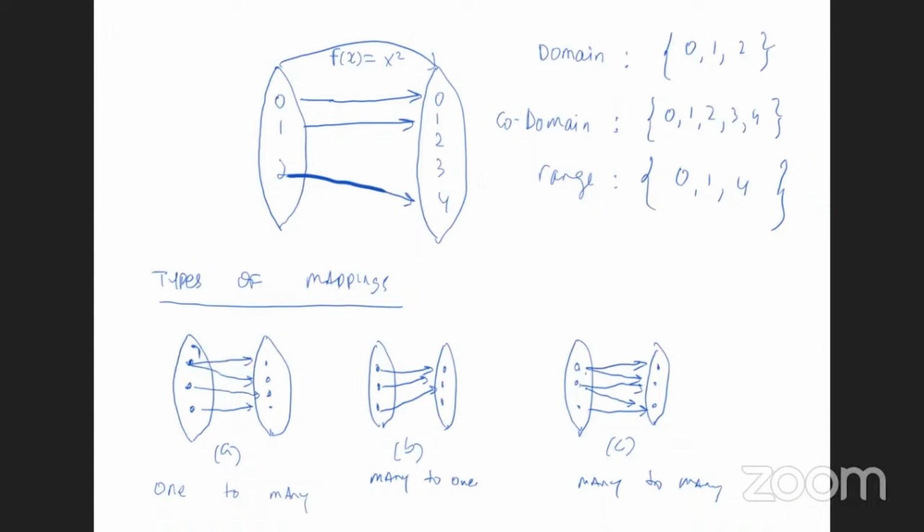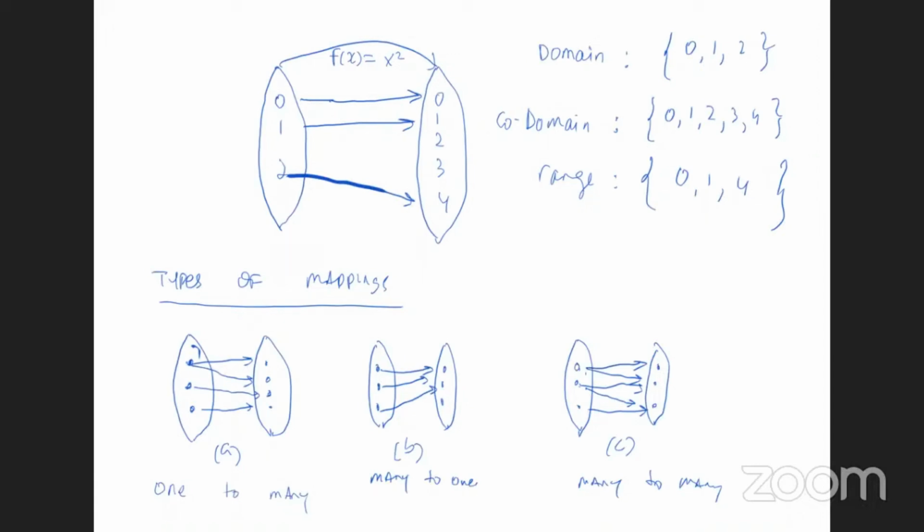The second is many x values to one y value. And the third is both of them. Those are the four types of mapping: one to many, many to one, many to many, and the one I showed you earlier, which was one to one, right?